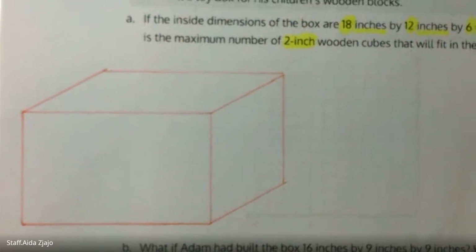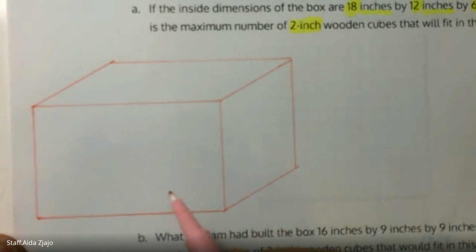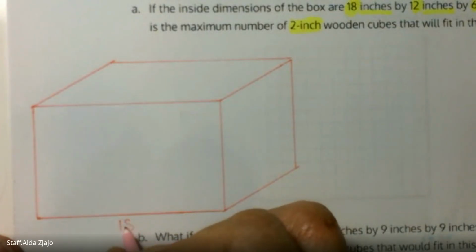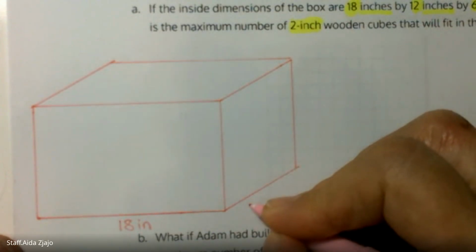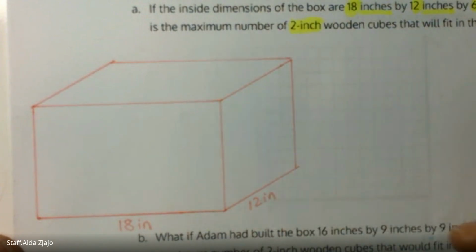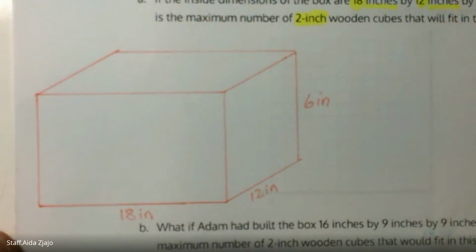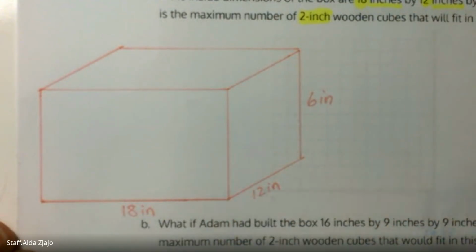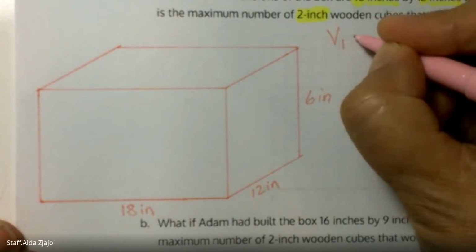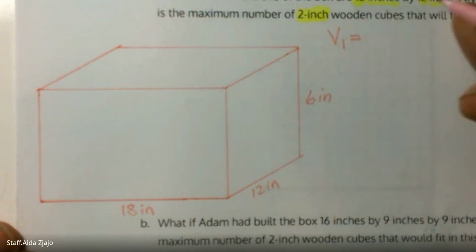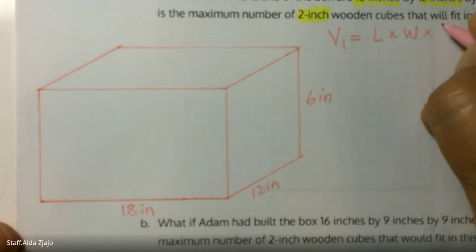Now we go back, and we know that this is the longest side, so this is 18 inches. The width is 12 inches, and the height is 6 inches. If we calculate the volume of the box, volume 1, we use the formula: length times width times height.